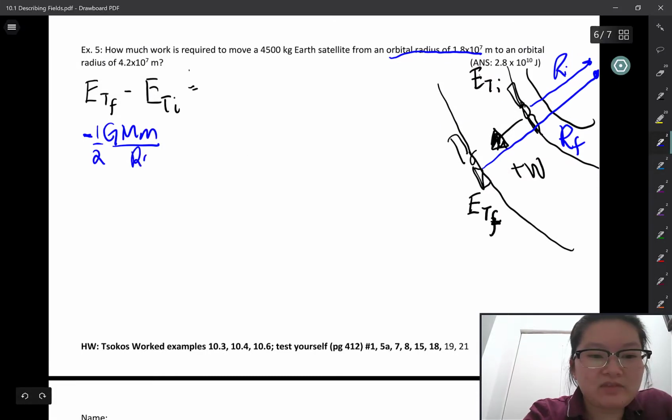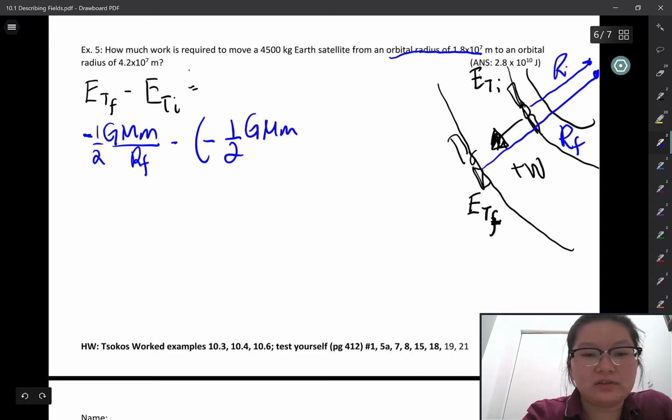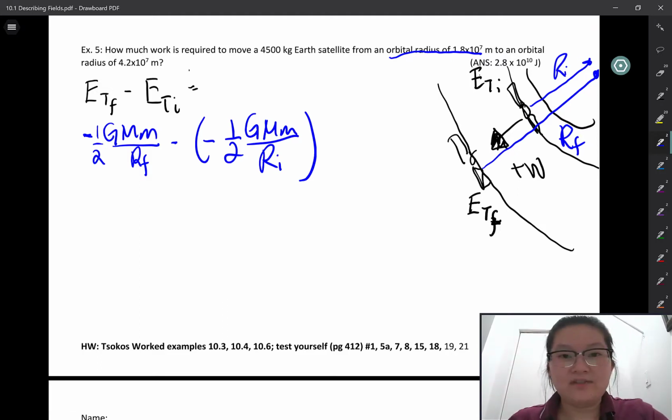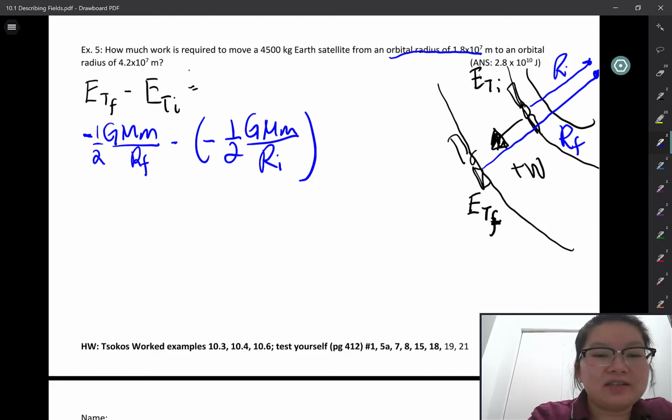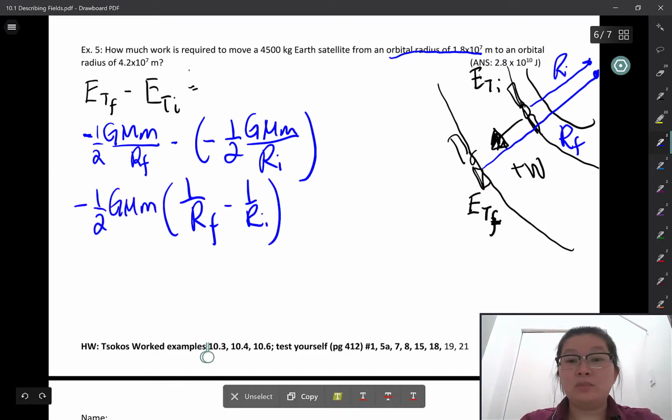And this is going to be the final total energy minus the initial total energy, which is just the total energy over Ri. In fact, we can factor a few things out on the outside, giving us the following. So I just factor out a bunch of constants, and then I just have to substitute in the numbers.